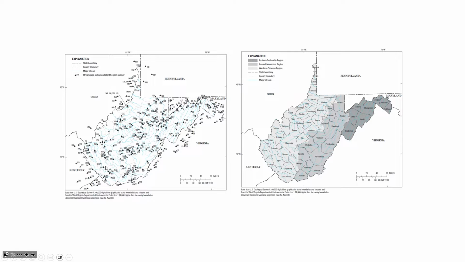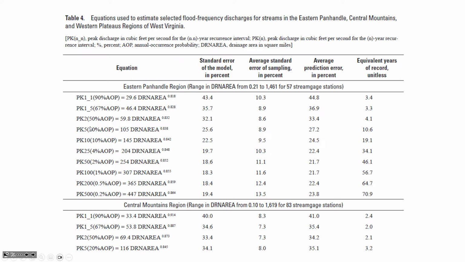So they looked at the stream data. These are all stream gauges. These aren't rain gauges. They looked at the stream flow data, and they created equations that predict what is the runoff in terms of cubic feet per second for a 1-year storm, a 2-year storm, a 5-year storm, a 10-year storm, and so on.